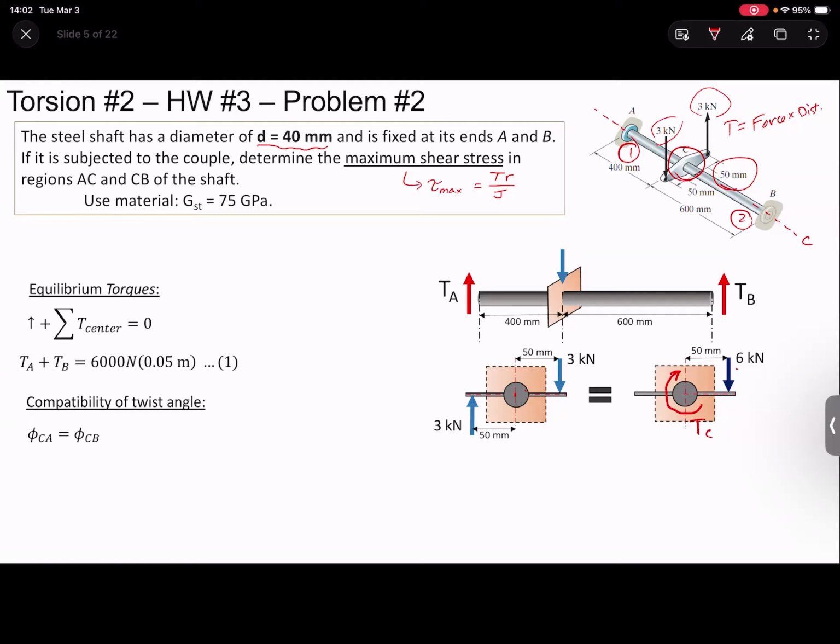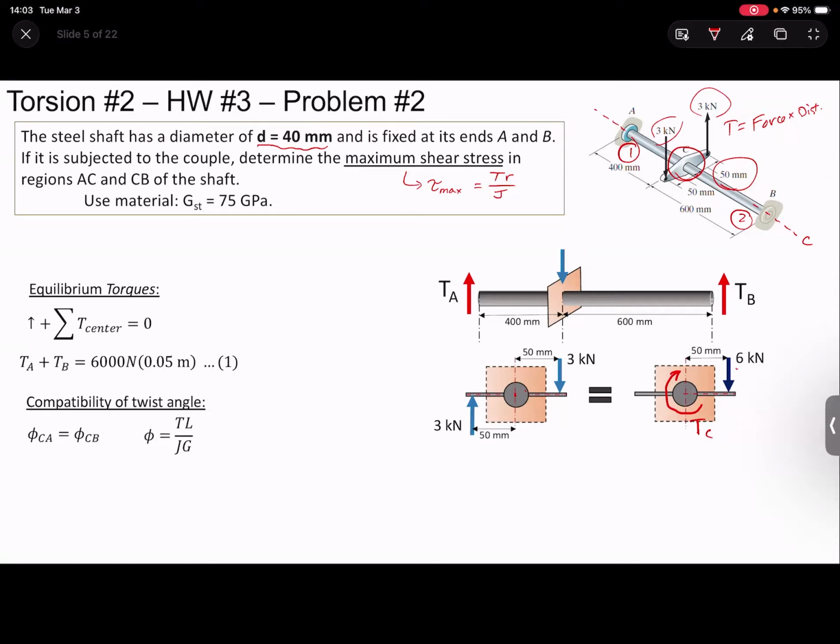So it's like if you grab a pool noodle and twist it in the center, the twist on this side of the pool noodle is going to equal the twist on the other side because they're connected at that point in the center. So that's what essentially is happening here. The twist between C and A is going to be equal to the twist between C and B. And we have an equation for twist.